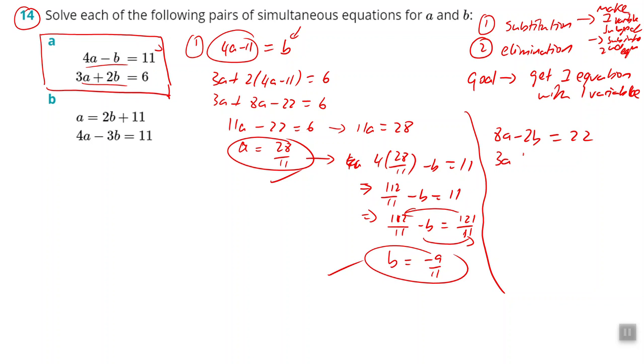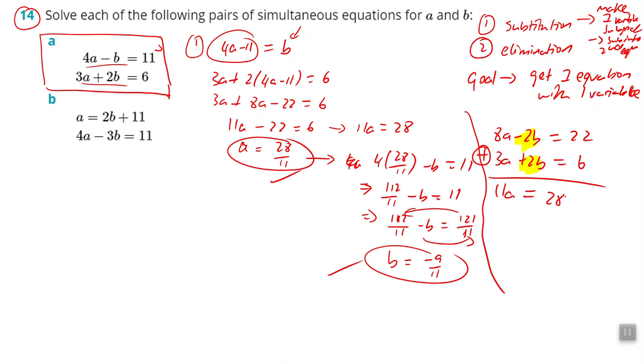Second equation will leave the same, 3a plus 2b equals 6. Can you see now that I've done that step? These can eliminate each other when I add both equations together. So when I add both equations together, I get 11a, negative 2b plus 2b goes poof, goes away.